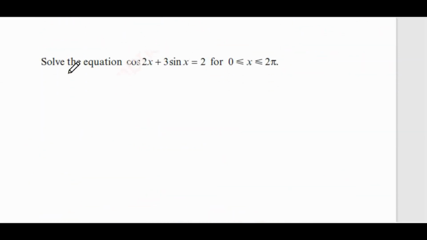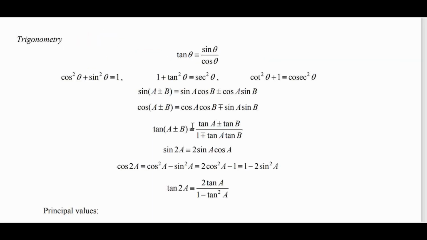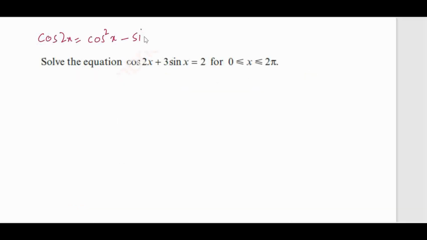Now here again we can see we have cos of 2x. For cos of 2x we have three identities: cos 2x equals cos square x minus sine square x, and the other one is 1 minus 2 sine square x, and the other one is 2 cos square x minus 1.